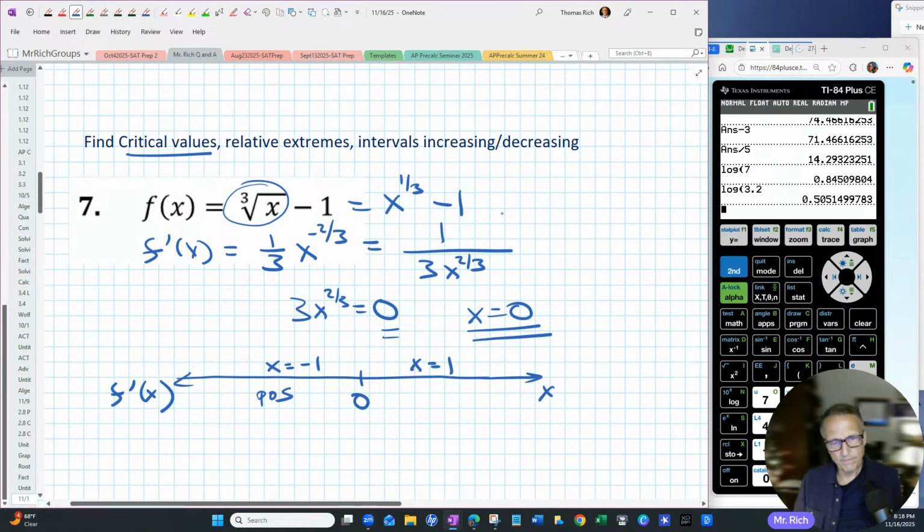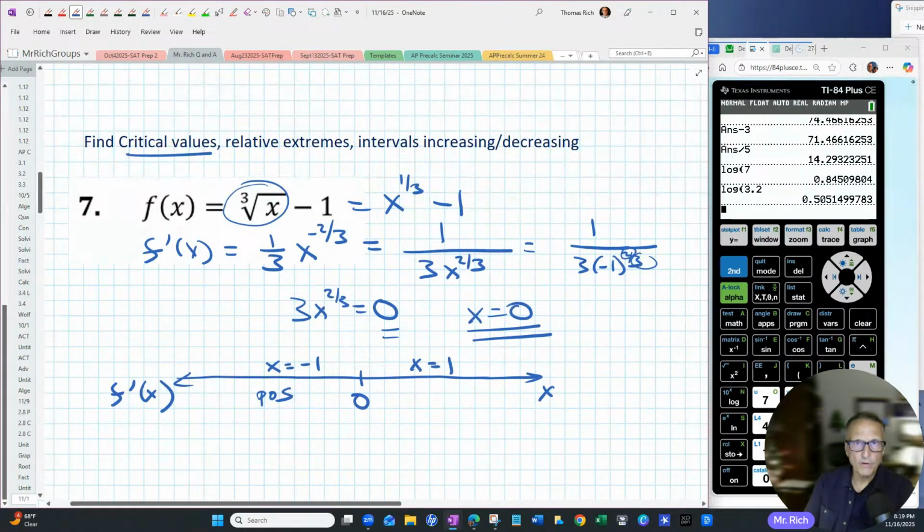I had several students who looked at this and told me they thought it would be negative. But when you stick a -1, or a negative anything, into this function for x, what you get is -1 raised to the 2/3 power. That's going to turn out to be a positive value because the cube root of -1 would certainly be -1, but then you are squaring it because of that numerator of 2.